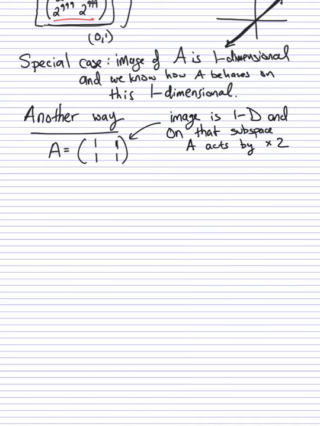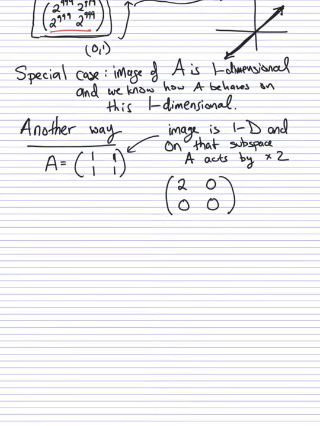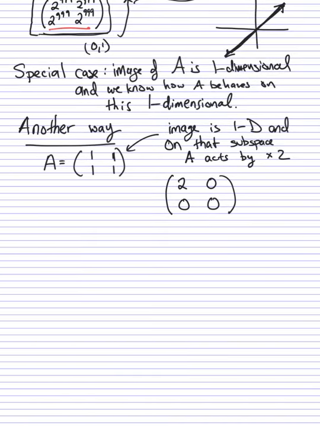Now you should think, what is another, simpler matrix which has one-dimensional image, and on that subspace acts by times 2? Well, it's going to be [[2,0],[0,0]]. This has one-dimensional image, namely the x-axis, and on the x-axis you multiply by 2.